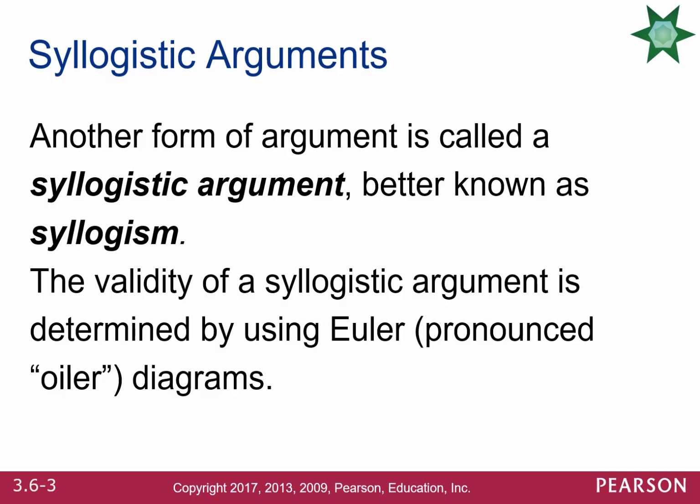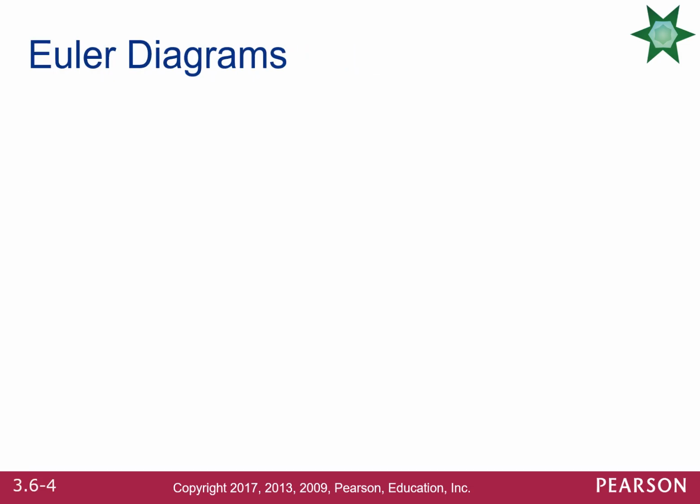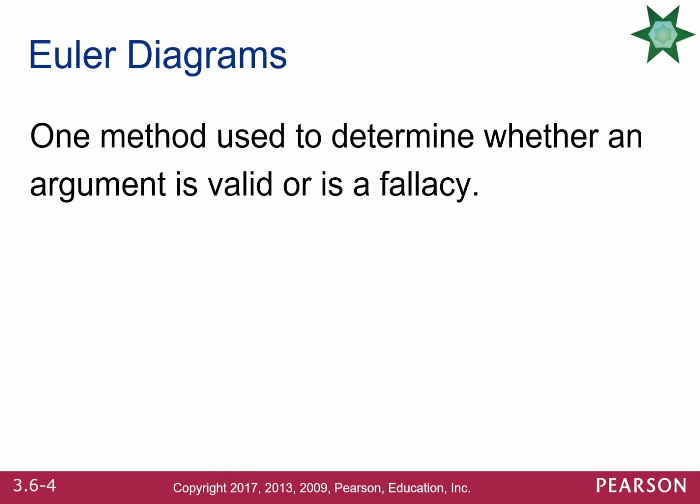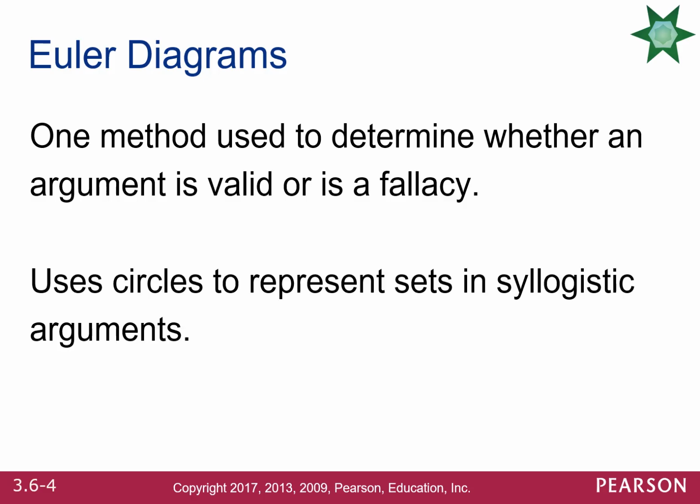All right? So what are Euler diagrams? Euler diagrams are similar to Venn diagrams, and they serve to determine whether an argument is valid or not, whether it's a valid argument or if it's a fallacy. So we use circles as in Venn diagrams to represent sets in syllogistic arguments.